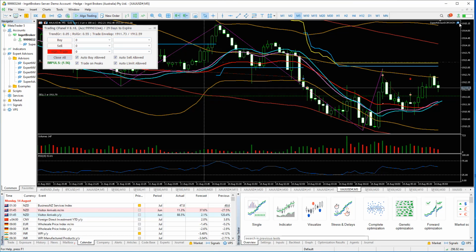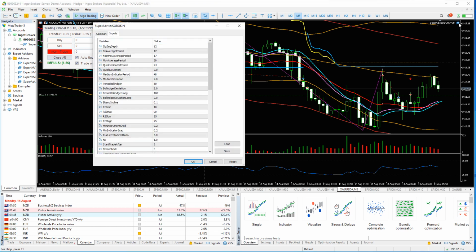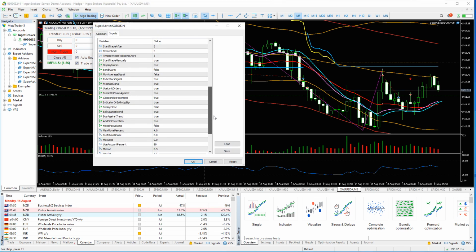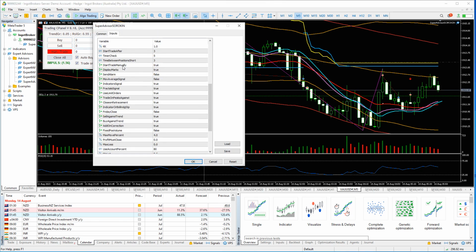This means the advisor is attached to your chart. Double click to return back to instruments. When you are trying to run genetic optimization for the parameters, don't forget to switch start trading manually to false. Otherwise, there will be no testing.